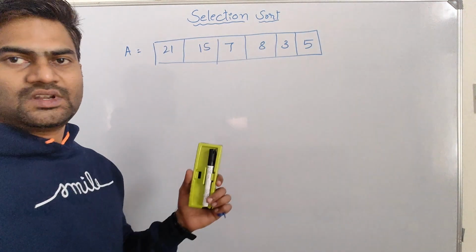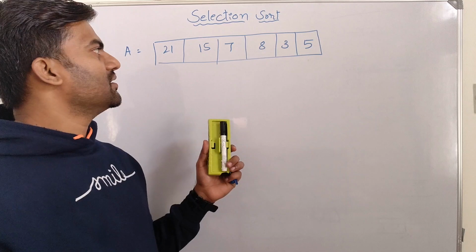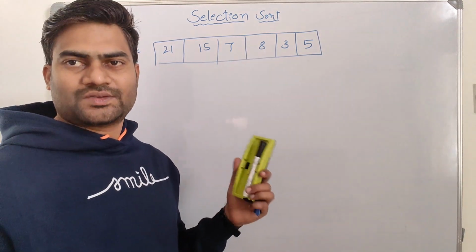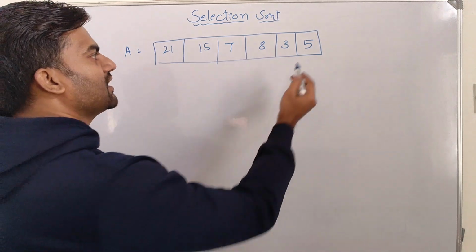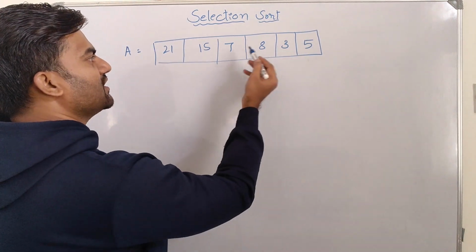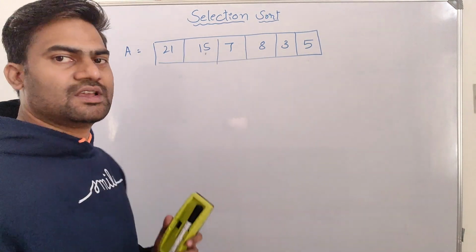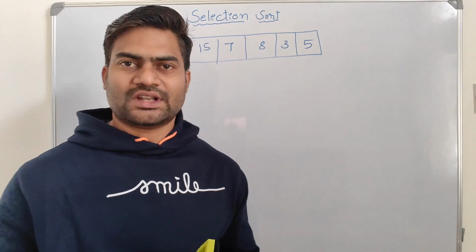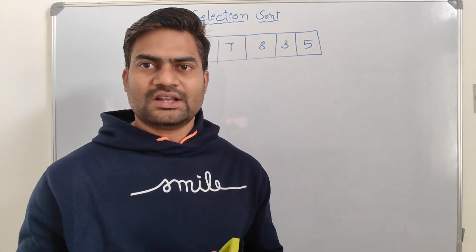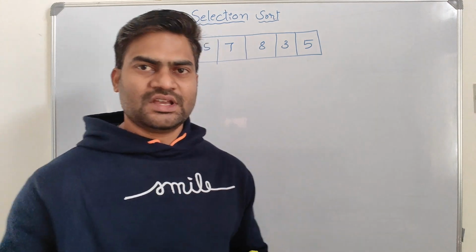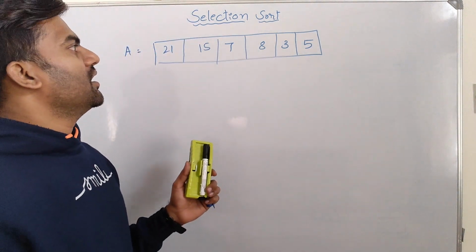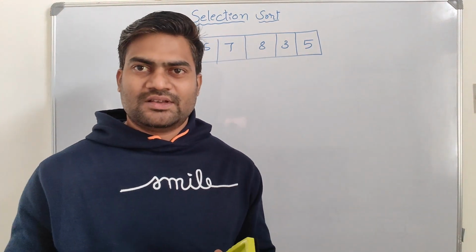If you look into this array and want to sort it with the naked eye, I will first take 3, then 5, then 7, 8, 15 and 21. That is the way we sort in ascending order. If it is descending, then we will take the maximum element first. That is the difference.